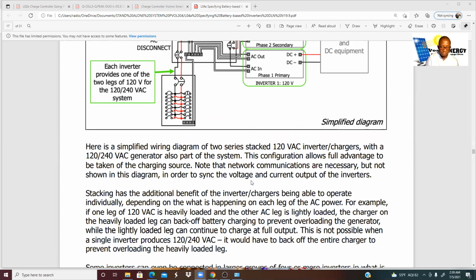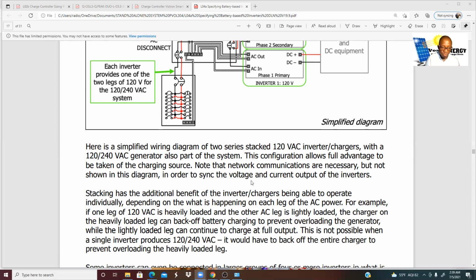Stacking has the additional benefit of the inverter or charger being able to operate individually, depending on what is happening on each leg of the AC power. For example, if one leg of 120 volt is heavily loaded and the other AC leg is lightly loaded, the charger on the heavily loaded leg can back off battery charging to prevent overloading the generator, while the lightly loaded leg can continue to charge at full output.